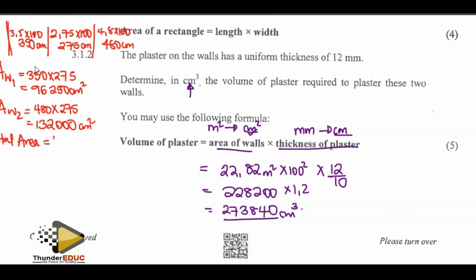So the total area will be area of wall 1 plus area of wall 2. So when we add the 96,250 plus 132,000, we end up having 228,250.